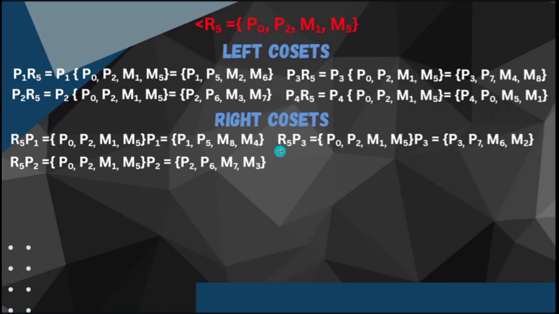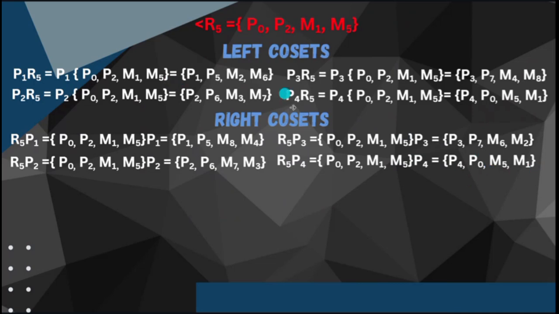For R sub 5 multiplied by row sub 3, we have row sub 3, row sub 7, mu sub 6, and mu sub 2. For R sub 5 multiplied by row sub 4, we have row sub 4, row sub 0, mu sub 5, mu sub 1.